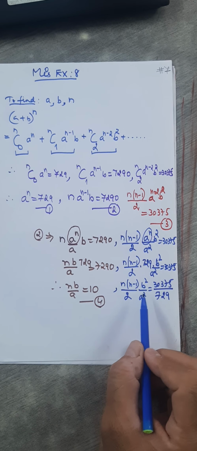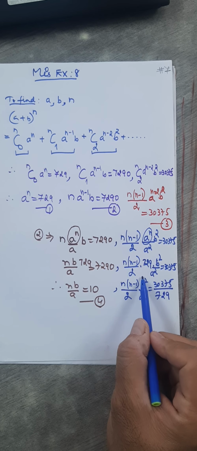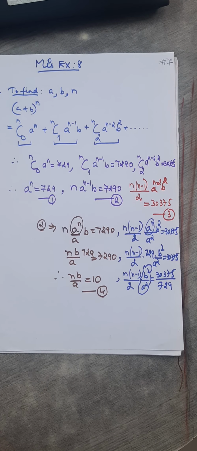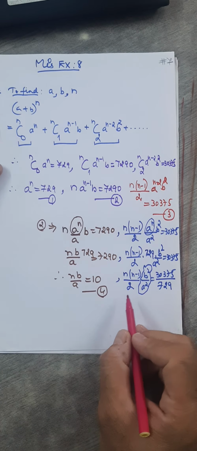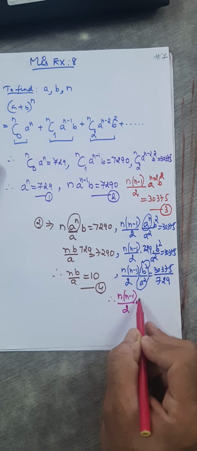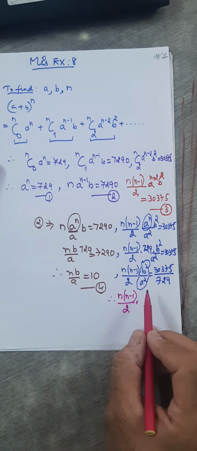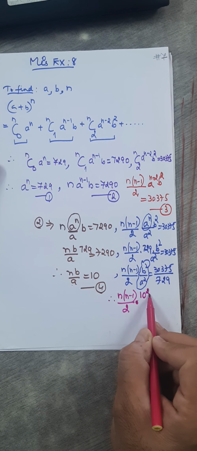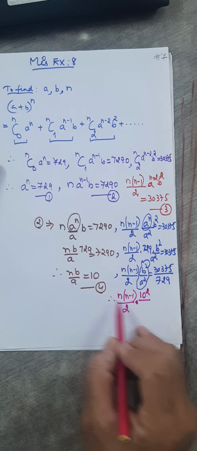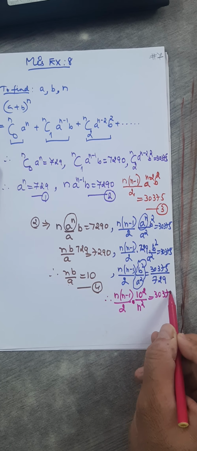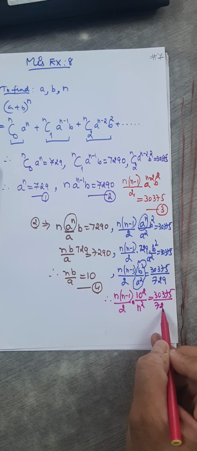Now here, b square by a square you can put from equation number 4. So we'll get n into (n minus 1) by 2. What is b square by a square? That is 10 square, which is 100 obviously, by n square, equals 30375 upon 729.